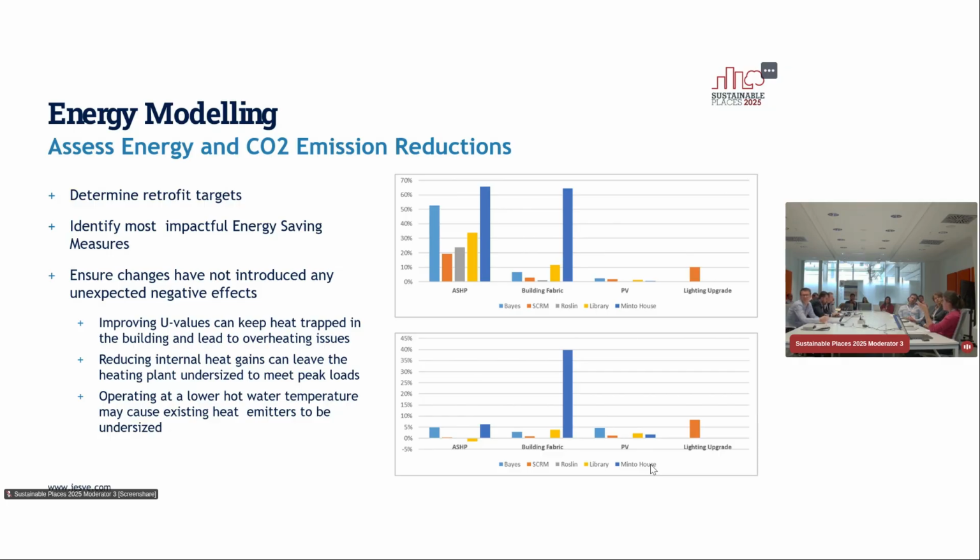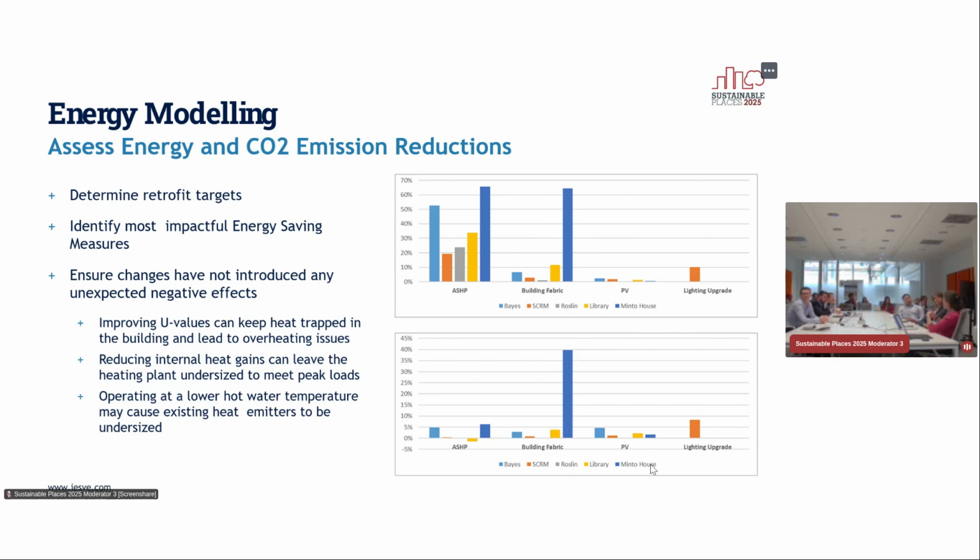In some scenarios, they would need several retrofit upgrades. For example, in one case, if they wanted to add an air source heat pump solution, it would in turn have a reduced operating temperature on the hot water loop, and that would then create an issue with the capacity of the heat emitters, like the radiators in the building.